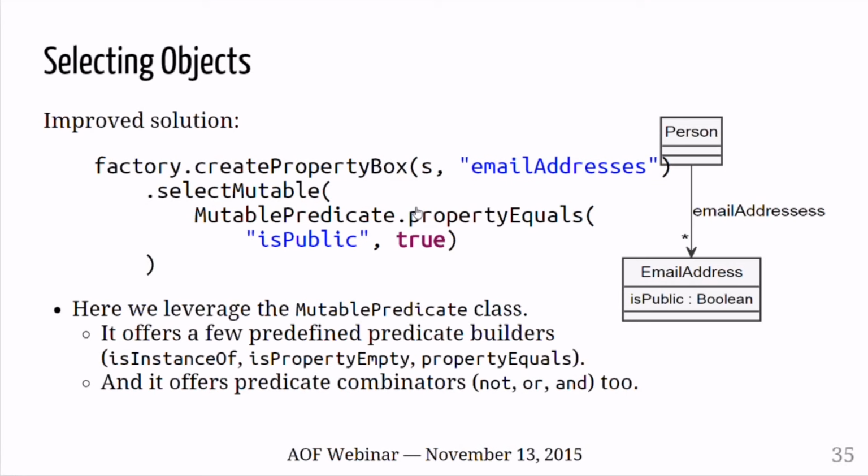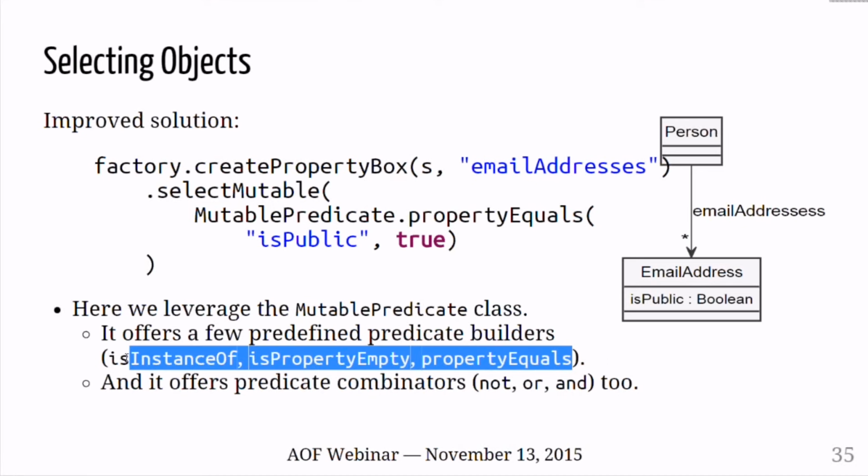And so this is why in AOF there is this mutable predicate class, which represents functions that return boxed Boolean, and that offers to combine them using standard Boolean operators, but also provides a few predefined predicate builders.